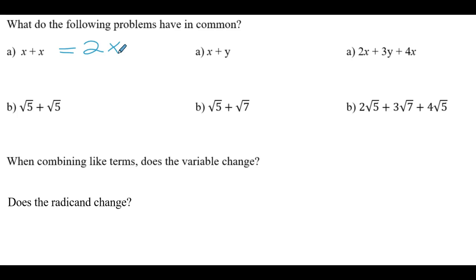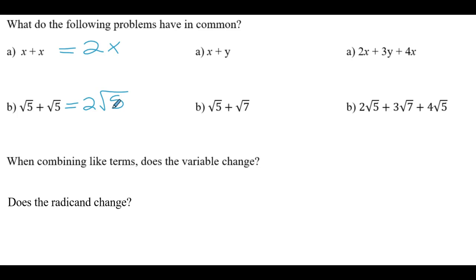We've known that for many years. X plus X means we have 2 X's, okay? Now, how does that compare to B? It's basically the same thing, right? It's just we're saying that X is the square root of 5. So based on that pattern, what is the square root of 5 plus the square root of 5 going to be? 2 square roots of 5.